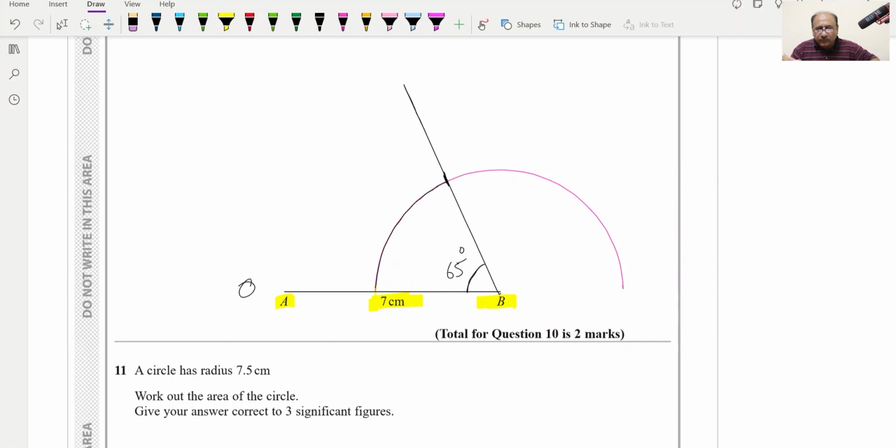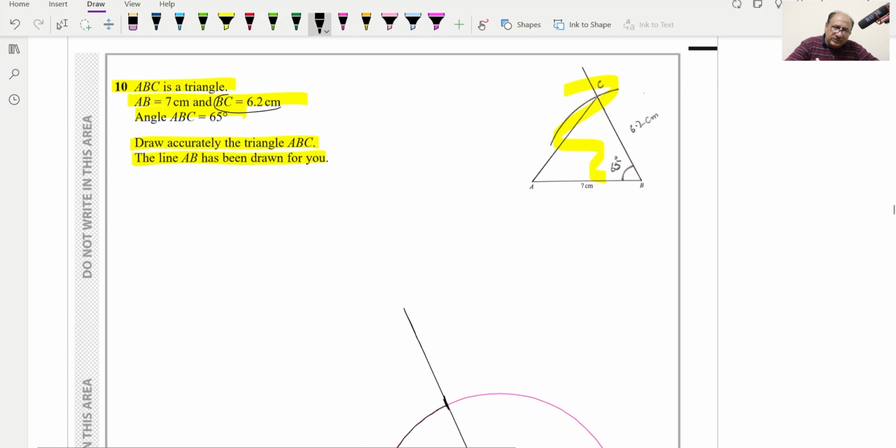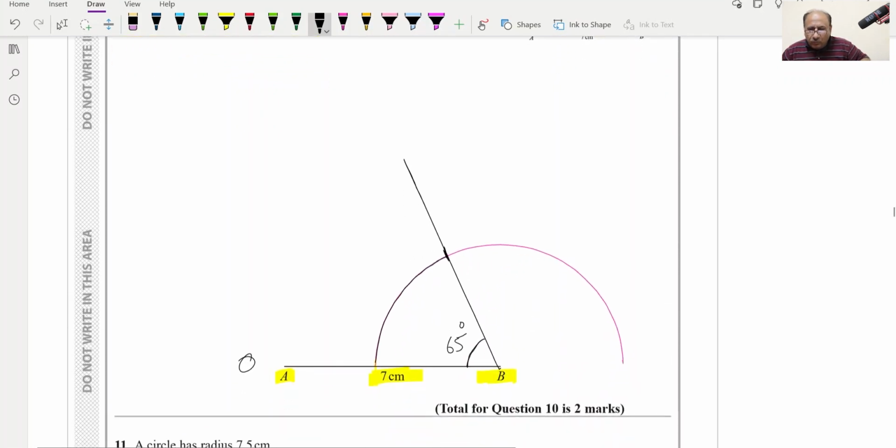Now after that we need the 6.2 centimeters. BC is 6.2 centimeters. So we will open our compass and keep our compass over here, and this one I'm erasing because I have drawn it for your explanation, and we got this one. Now from B we will be opening the compass like 6.2 basically.